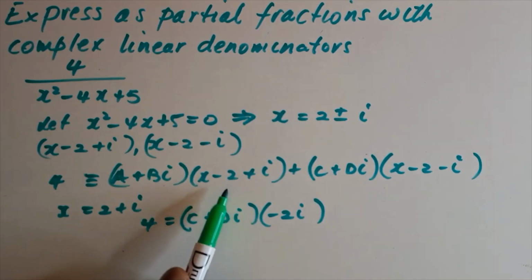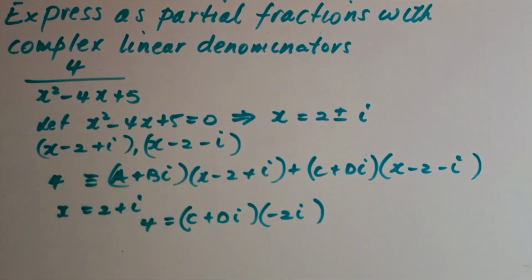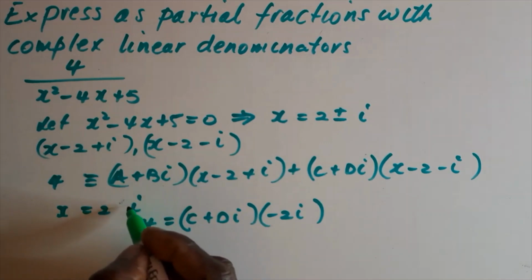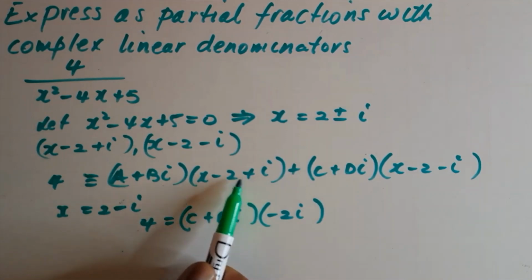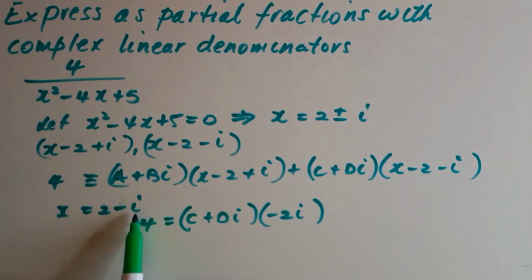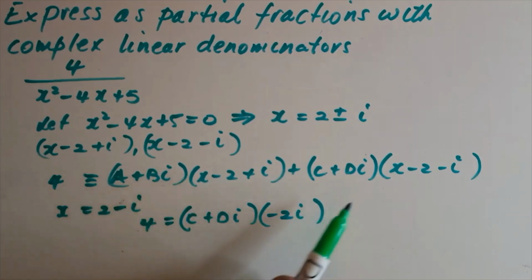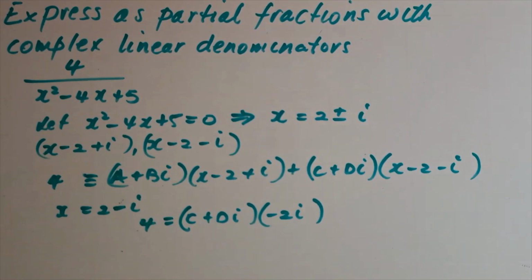In this case, it cancels. Is that correct? Sorry, I made a mistake. It's 2 minus i here. So 2 minus i cancels with this minus 2 and 2 and minus i and i, which cancels to give us 0, so this gets eliminated. But this equates to negative 2i.